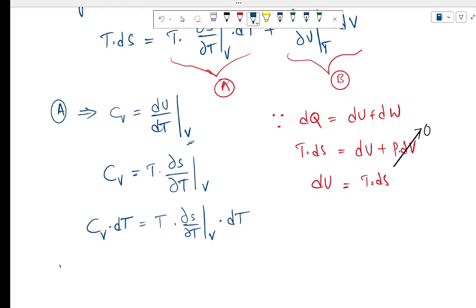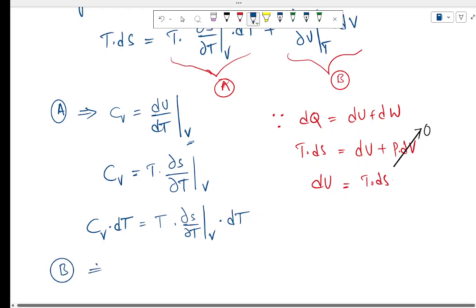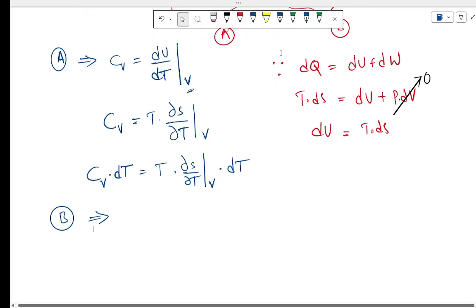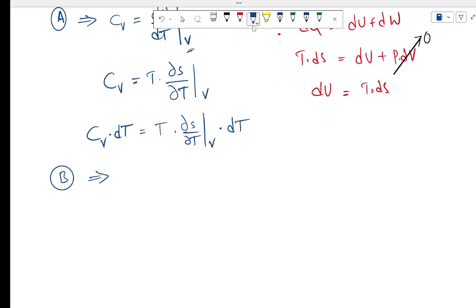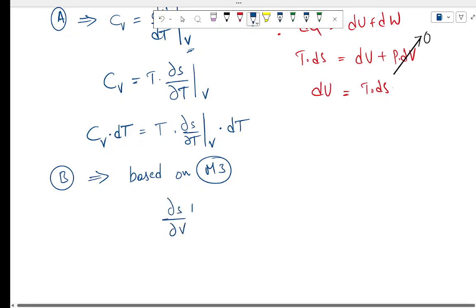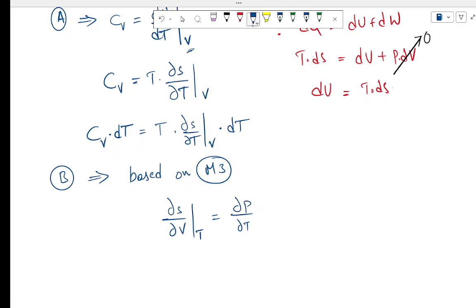Also now deal with B. To deal with B, I will make use of M3, that is Maxwell relation 3. So the Maxwell relation 3, what I have is ∂S by ∂V at constant temperature is equal to ∂P by ∂T at constant volume.